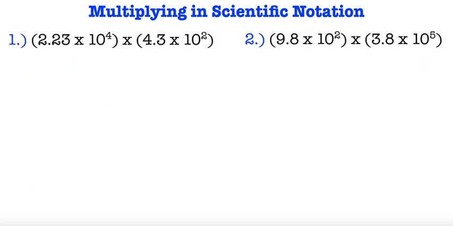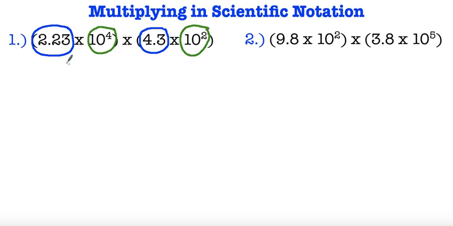So what we're going to do now is we're going to multiply and divide in scientific notation. And in order to multiply, we could write these out in standard form and multiply it out. However, I'll end up with two very large or very small numbers. So another thing that we could do is, because we're multiplying all four of these numbers, we could multiply these first, and then we can multiply 10 to the power 4 times 10 to the power of 2.